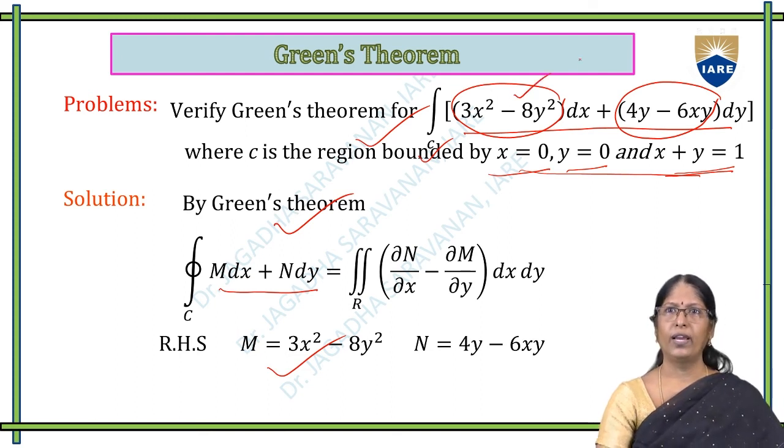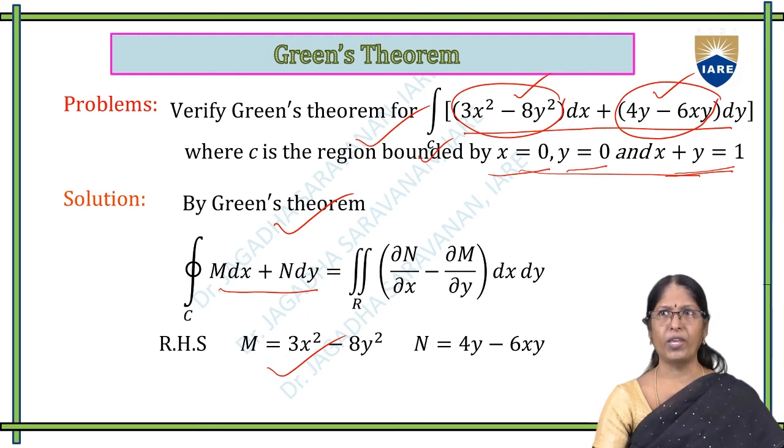Capital N equals 4y minus 6xy. That is the same function as the previous problem, but the limits are changed. So what changes are going to come if we change the limits for the same function, that is what we are going to concentrate on in this particular problem.